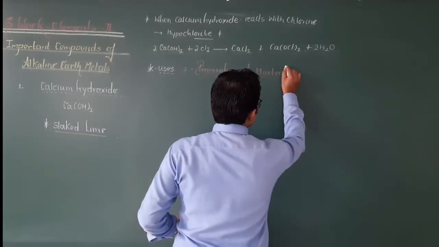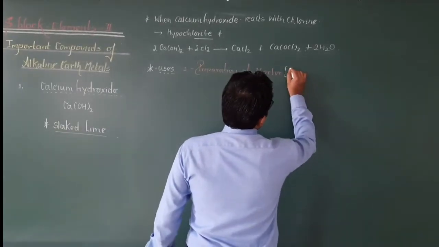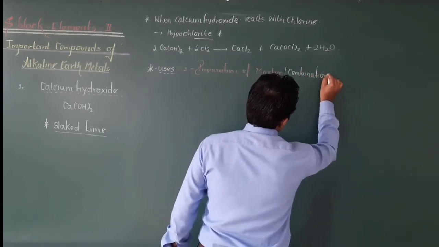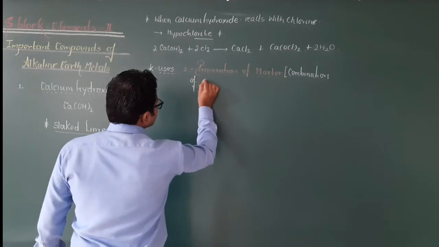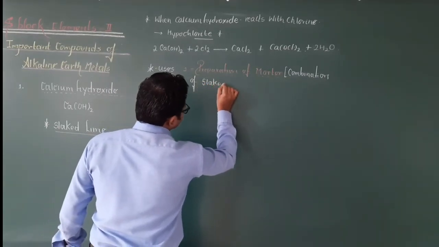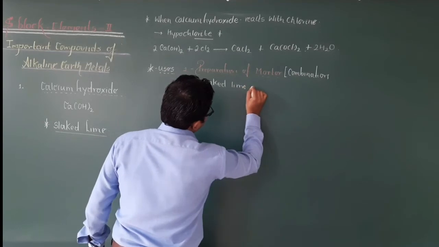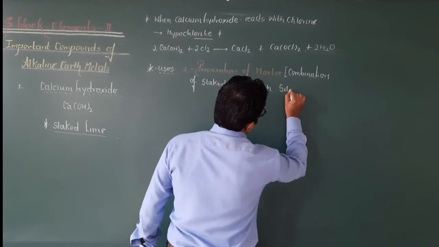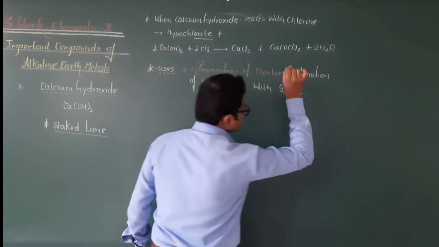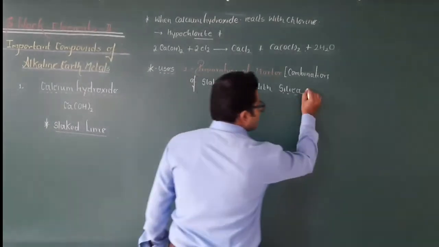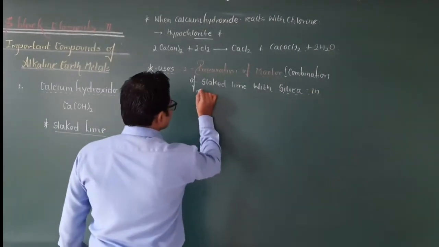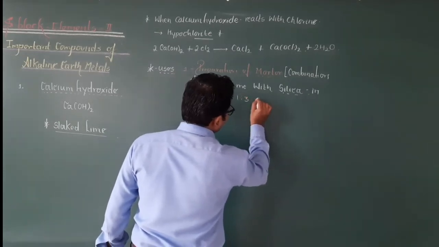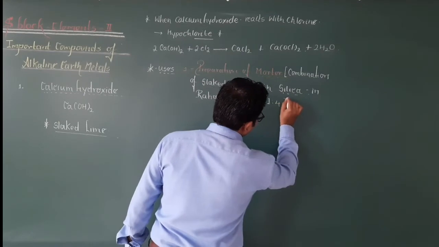Okay, so this mortar usually is a combination of slaked lime with silica, in a ratio of 1:3 or 1:4.